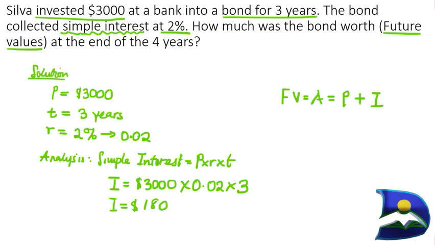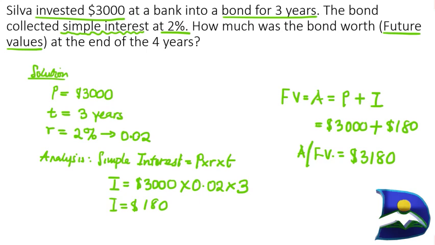We know the interest to be 180, and we know the principal, how much the person put down first, to be 3,000. Therefore, if you add that, your future value will be equal to $3,180. So that is the bond's worth after that many years.